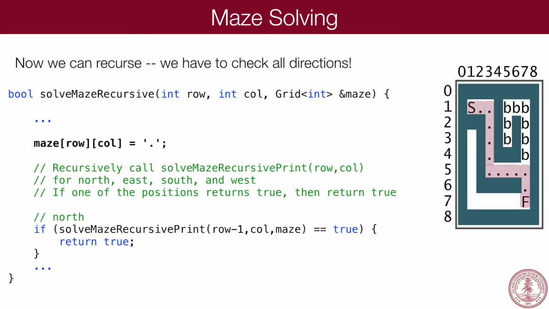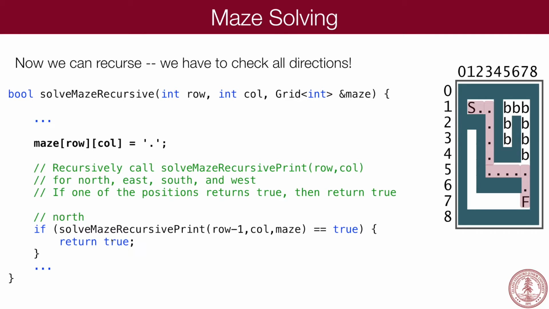So the new position is going to be row -1 in the same column we're in, and we pass the maze along. By the way, the maze is keeping track of all the other data we need, for instance all the periods and where the walls are. That's why we pass it along. Notice we are passing it by reference, so we're not making copies and copies of this maze. We're just passing the reference to it.